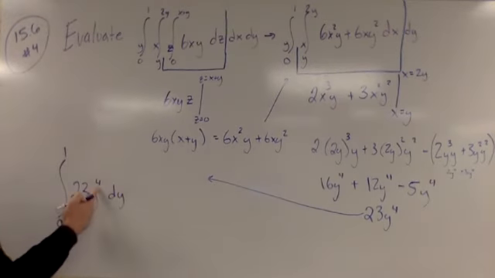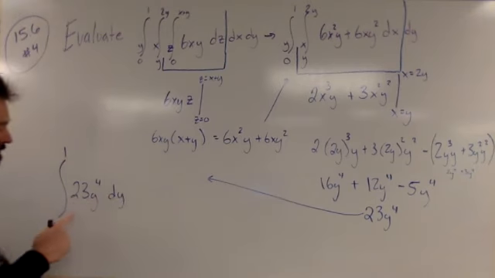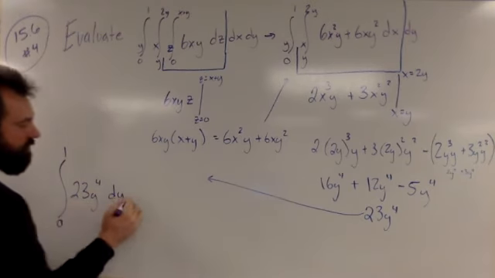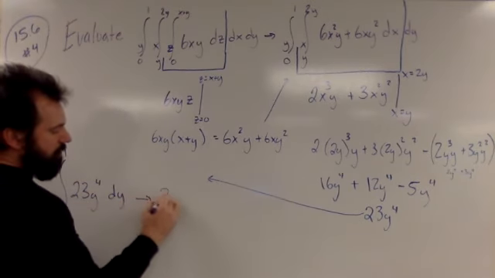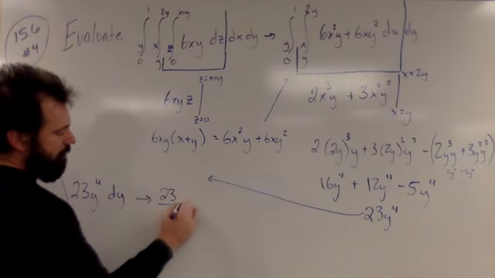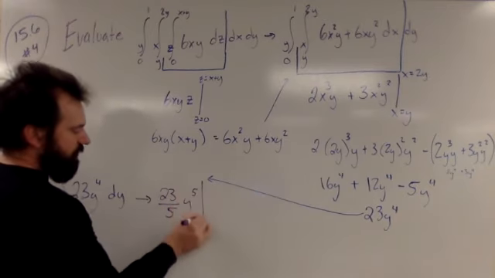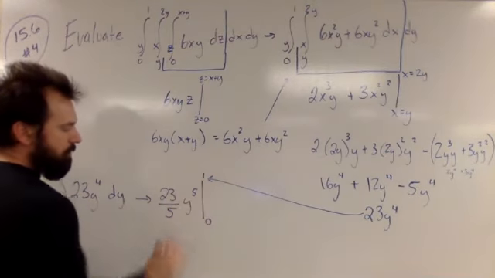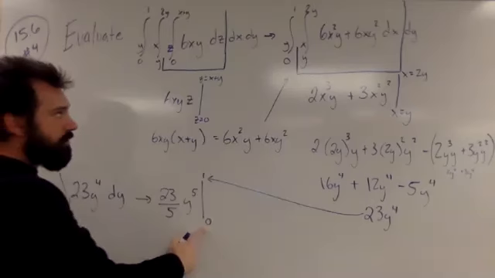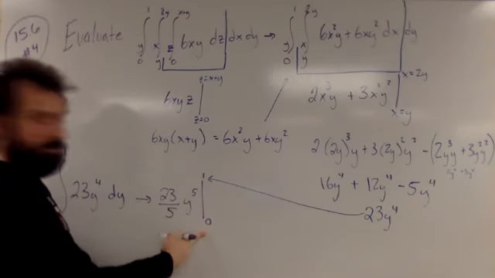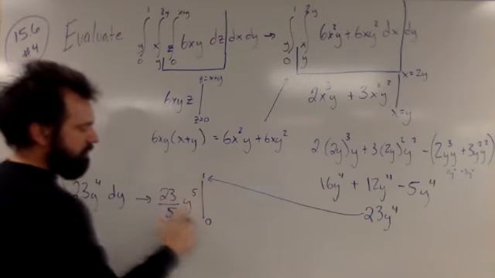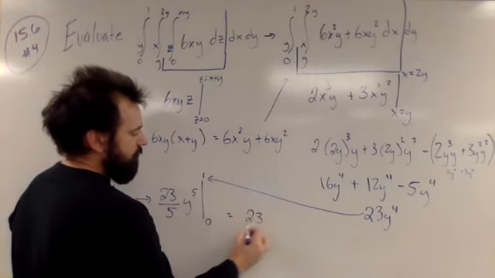Antiderivative of something to the 4th is going to be y to the 5th over 5. So I'm going to get 23 fifths y to the 5th. I'm going to evaluate that from 0 to 1. So again here, 0 doesn't do anything for me. It'll give me 0. When I plug a 1 in, I'm just going to get 23 fifths.